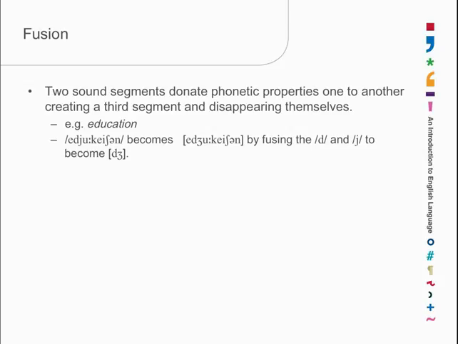Phonemically, this is education, but said normally it becomes education. The D phoneme and the Y phoneme together become the J allophone. This is itself a single sound in English, J, and it's made up partly of the D and partly of the Y, but the Y has been altered to become a J.